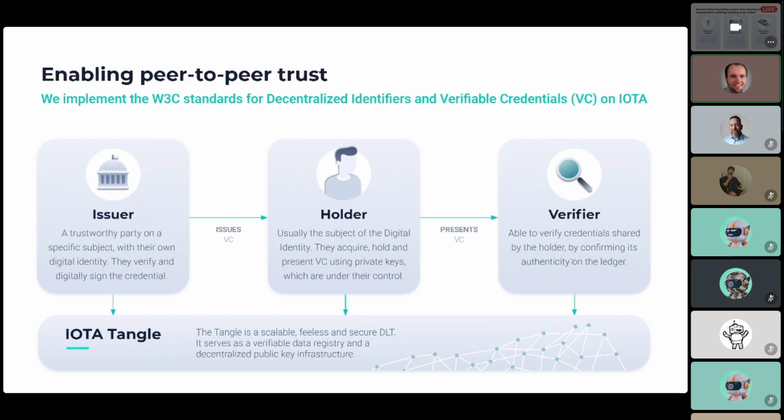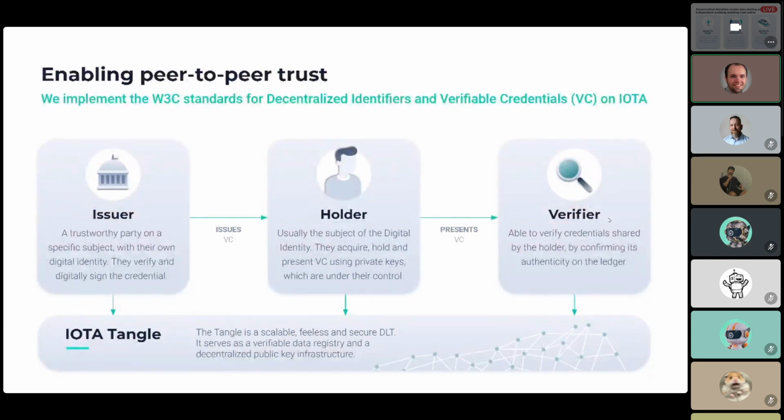So a verifier simply takes the data and checks against the tangle for the public key of the issuer in order to verify the signature, and therefore they can see, all right, this data is backed by someone, a trusted third party. So if they recognize the third party, the issuer, and they see, okay, this is actually a university that I recognize, then they will know that this bachelor degree is legit, and all the information in the document is unaltered and legit.